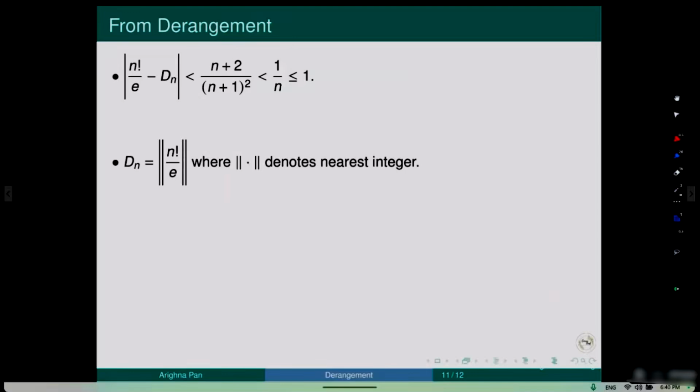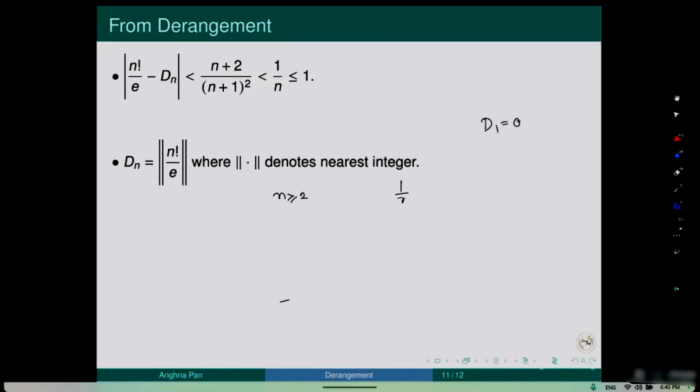So if the first inequality is done, then clearly we can say that D_n is nothing but the nearest integer of n factorial by e. Why? Because for one case it is fine, right? For D_1 it is just 0. It is a very easy case. What if n is greater than or equal to 2?